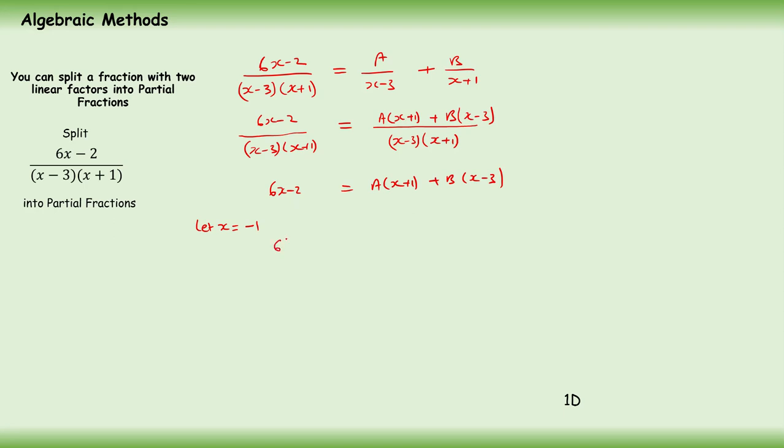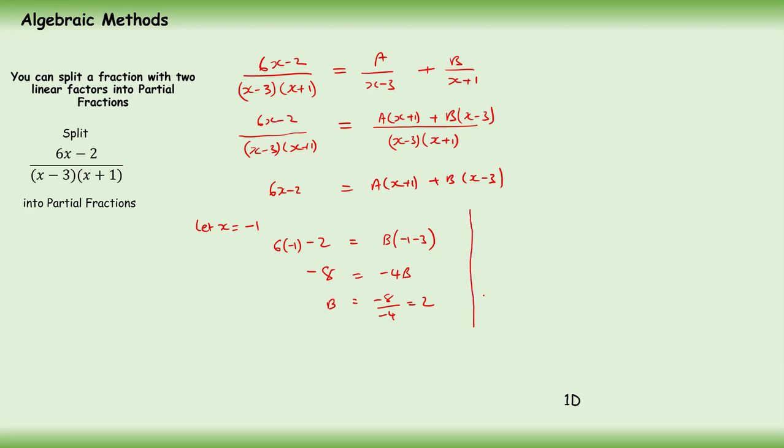It'll be 6 times minus 1 minus 2 is equal to, this goes to 0, and then here we've got B times (minus 1 minus 3). So we've got minus 6 minus 2, so minus 8, is equal to minus 4B. That means B is equal to minus 8 divided by minus 4, which is 2. So I now know that B is 2.